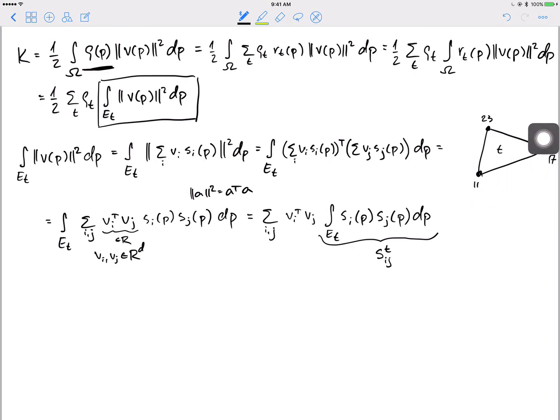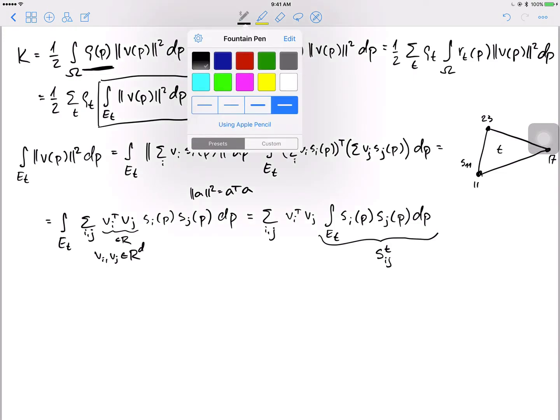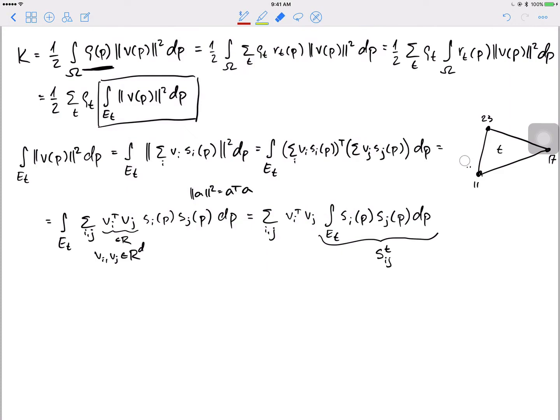Let me do it slower. I think it might be worth it. So if I have S11, just to make sure I really get it properly, S11 would be 1 here and 0 everywhere else, and a linear ramp between them. Okay?